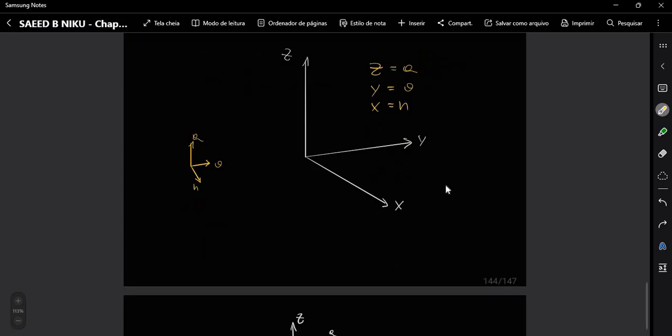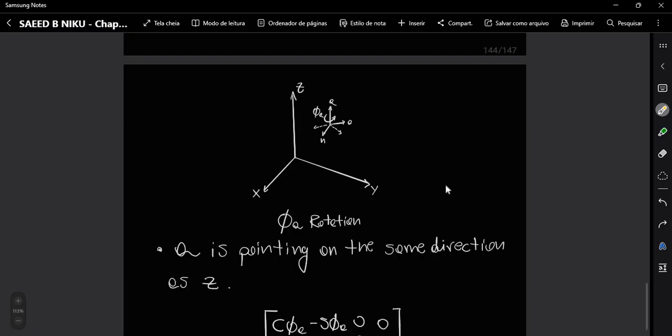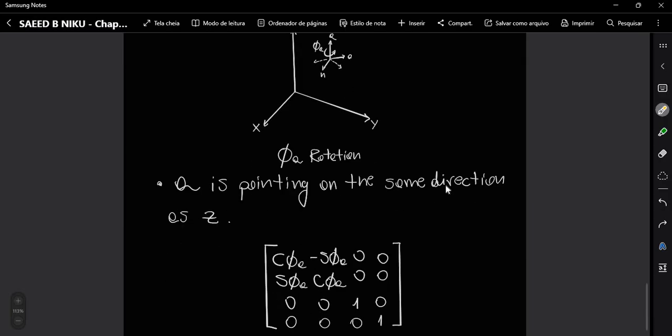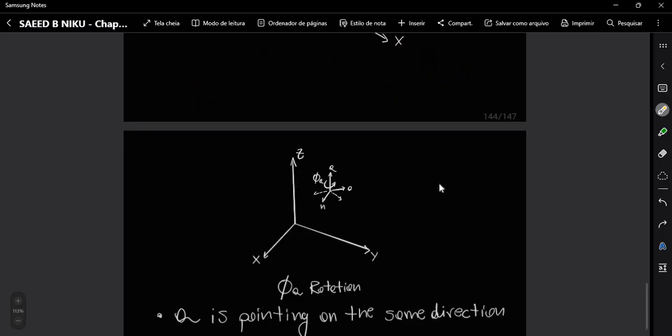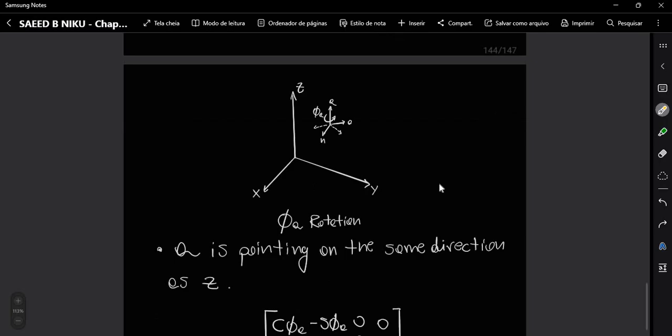Okay, so after doing this analysis, we will use it together with this introduction of these rotation angles, roll, pitch, and yaw. And if we know the direction in which each axis of this moving frame NOA is pointing, we have already solved something very similar.